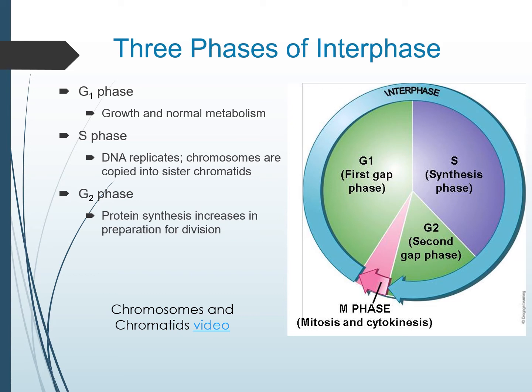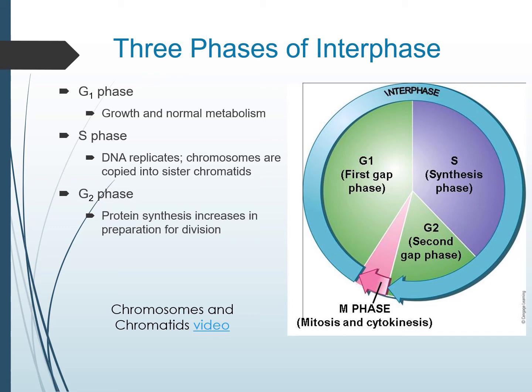Most of a cell's life is spent in interphase, the time when no cell division is occurring, but when regular metabolic activity occurs. Interphase is divided into 3 subphases, G1, S, and G2. The G stands for gap, which is when no DNA is being synthesized.